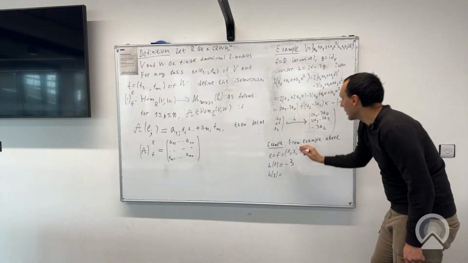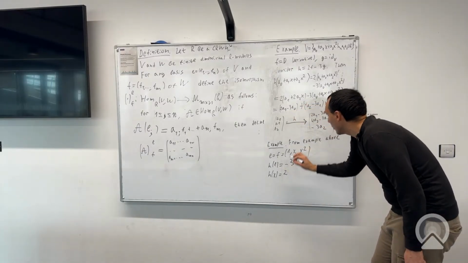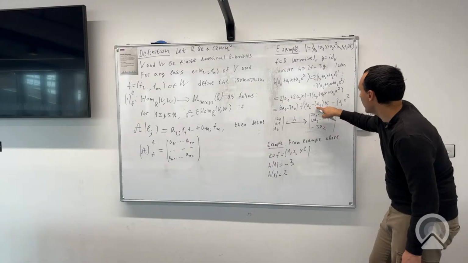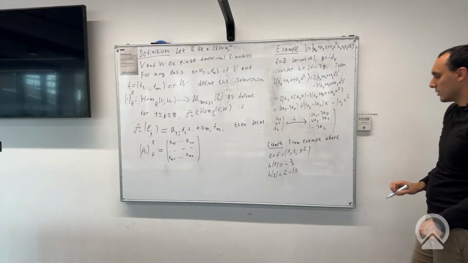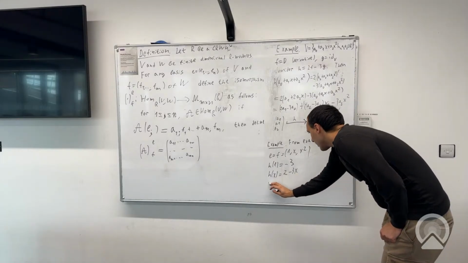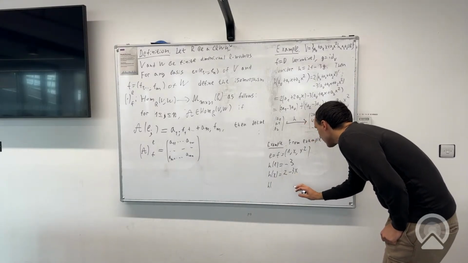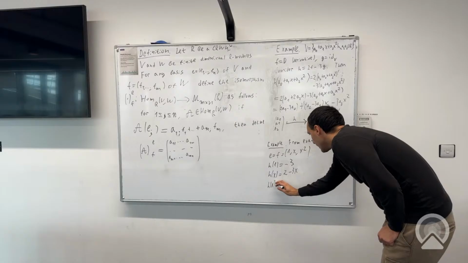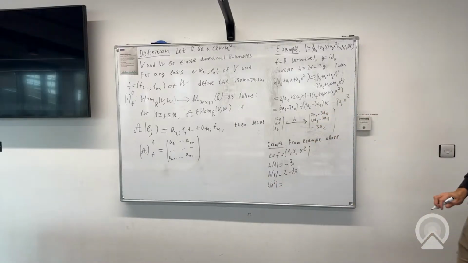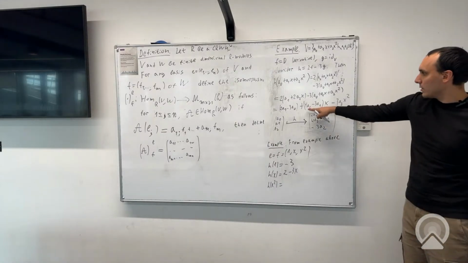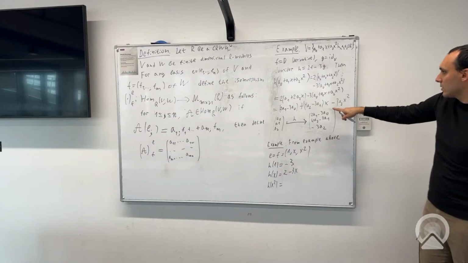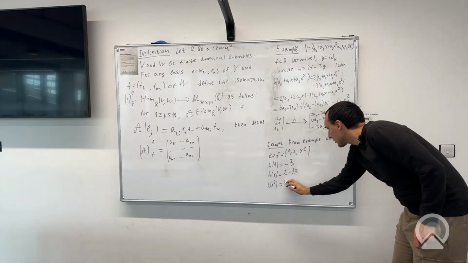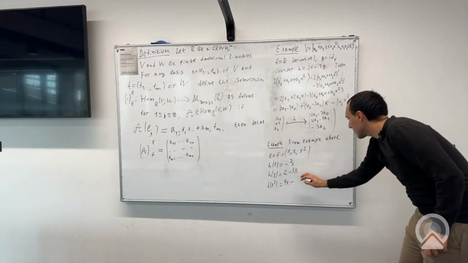So we have 2 and then minus 3 times x. And H of x squared means that a2 is 1. So we have 4x minus 3x squared.